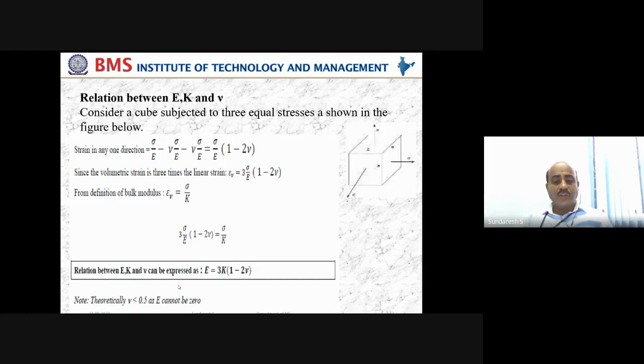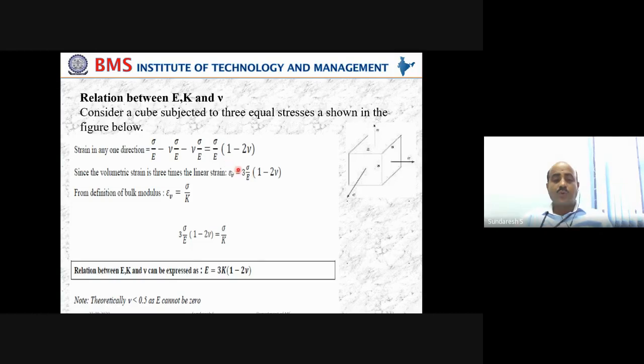So the expression we have got for bulk modulus is K is equal to sigma divided by epsilon V. Using that expression and rearranging the terms, volumetric strain will be equal to sigma divided by K, or K is equal to sigma by epsilon V, or we can say epsilon V is equal to sigma divided by K.